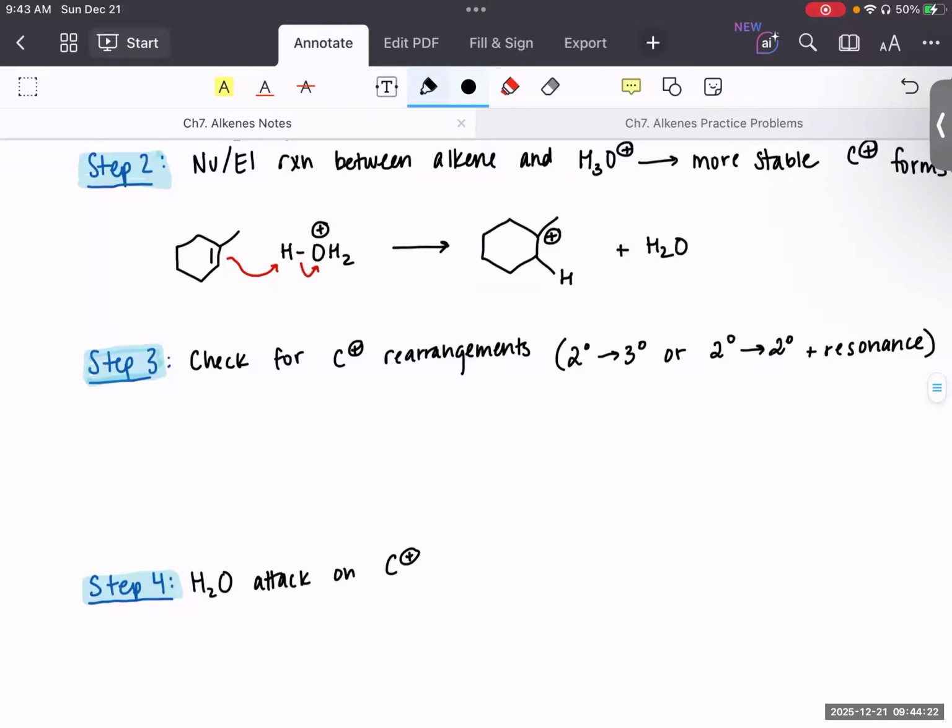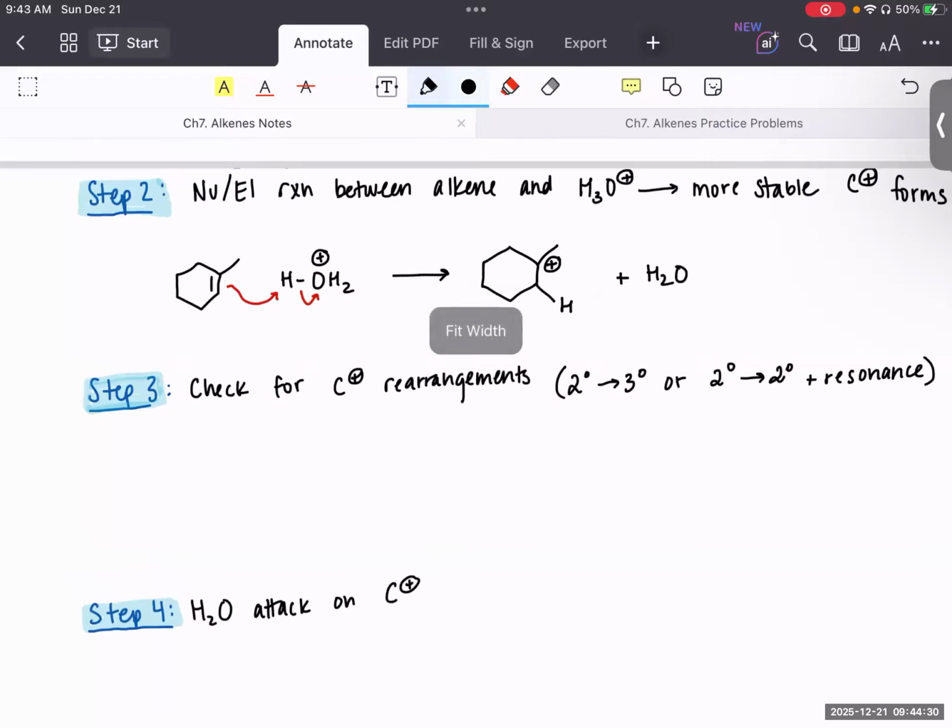And again, we're looking for either secondary to tertiary or secondary to secondary with resonance. And in this one, we already have a tertiary position, and there are no rearrangements that are possible. And so for our reaction here, we'll have no rearrangements. However, I'll do a practice problem at the end of this video where we do look at rearrangements.